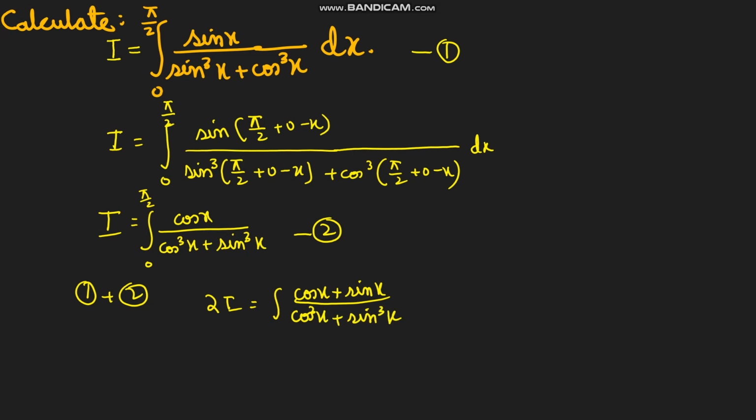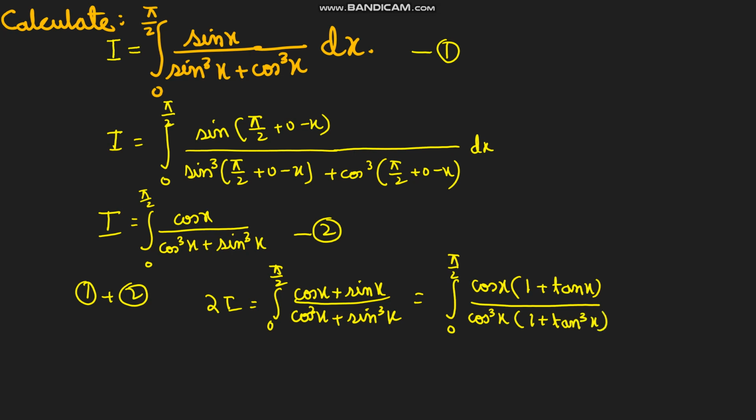Taking cos x common out of the numerator, it is 1 plus tan x, divided by, if we take cos cube x out of the denominator, 1 plus tan cube x, dx.